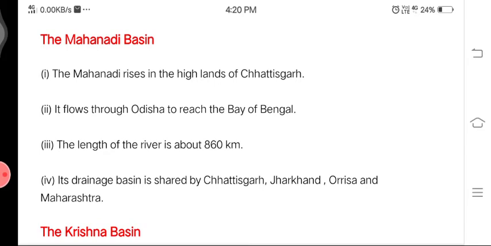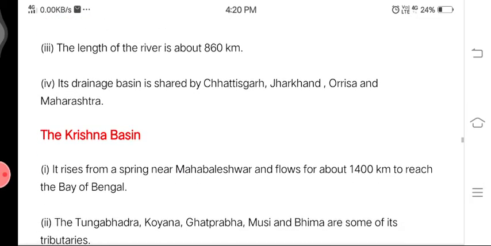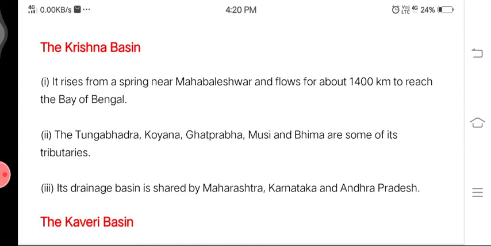Its drainage basin is shared by Chhattisgarh, Jharkhand, Odisha, and Maharashtra. Now we talk about the Krishna Basin. It rises from a spring near Mahabaleshwar and flows for about 1400 kilometers to reach the Bay of Bengal.